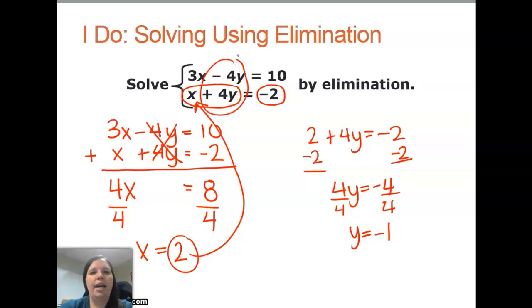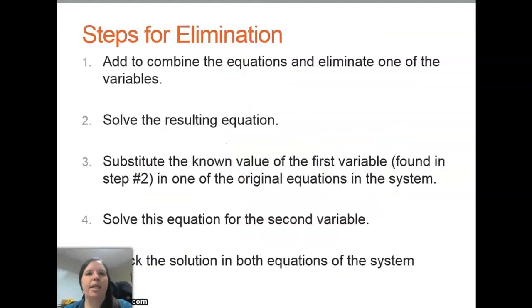So it's that elimination piece. Seeing that I can add the two equations together and eliminate one of my variables is going to get me through a problem that's not as easily done with substitution. As far as steps for elimination, the big thing we want to start with is to combine the two equations and eliminate one of the variables.